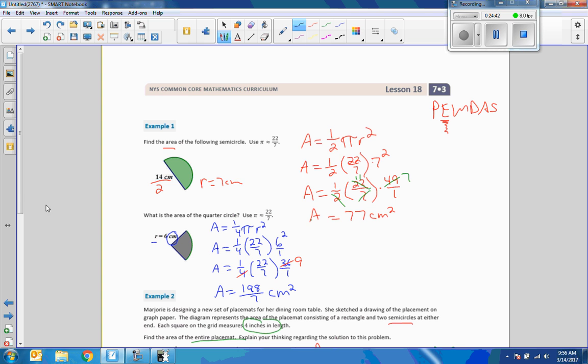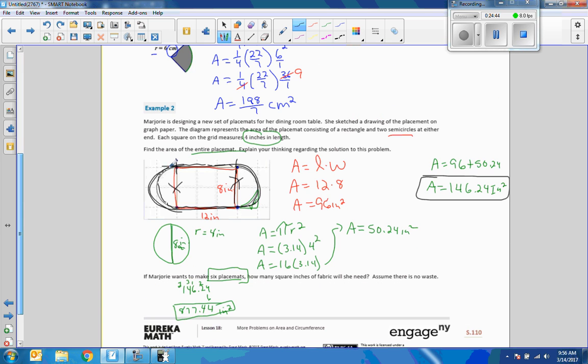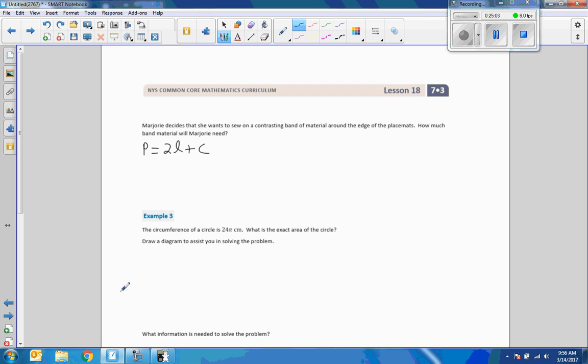So in other words, if I'm going to draw a band around here, that's a half a circle. Draw a band around here, that's a half a circle. So we've got a band going from here to here and a band going from here to here. That's the circumference of an entire circle plus the length and the length, but not counting the width of the rectangle. So be careful with these types of questions.